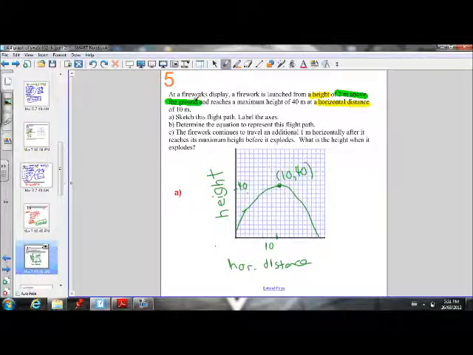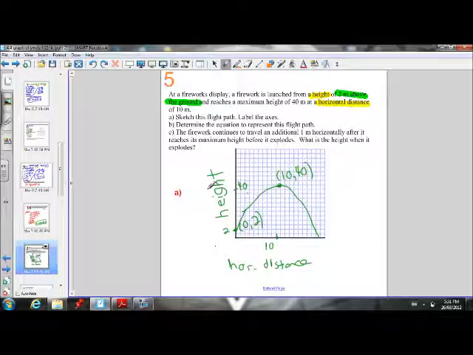So basically what that's saying is that at a horizontal distance of 0, it's launched from 2 meters high. So it's telling us that the y value right here is 2. So that point is at 0 on the x-axis and 2 on the y-axis.